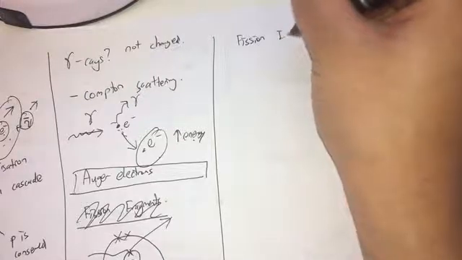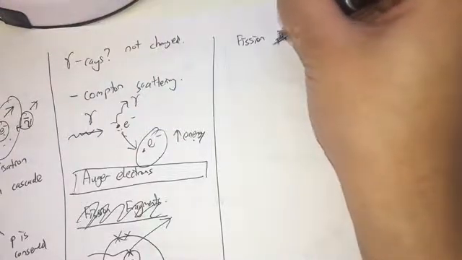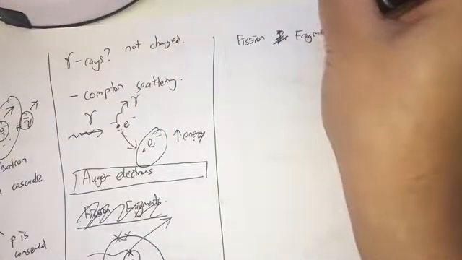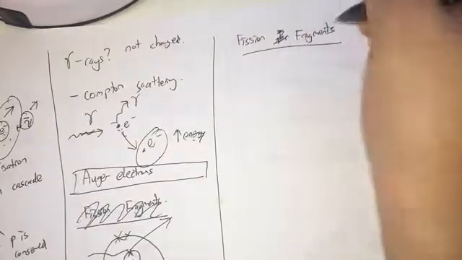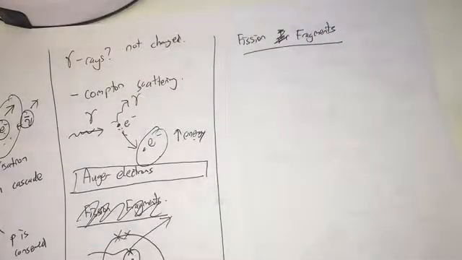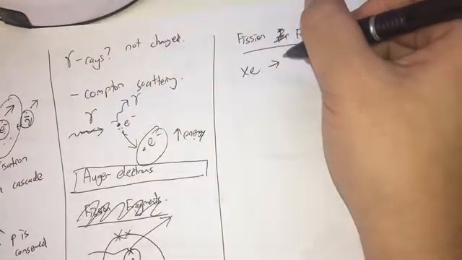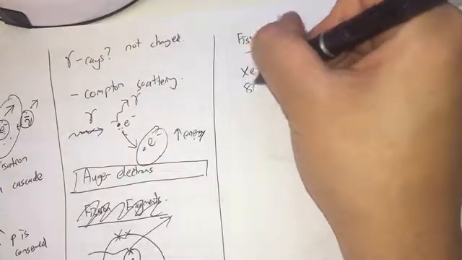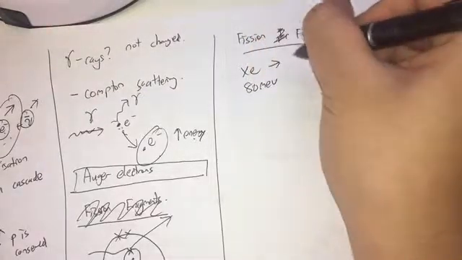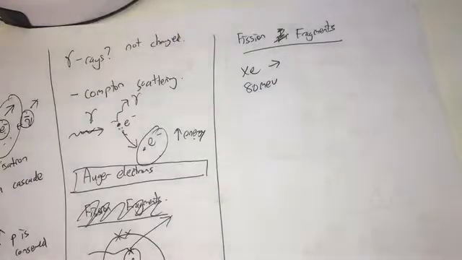Now let's talk about fission fragments. Again, the idea is the same. You have xenon or cesium that comes straight from a nuclear fission reaction. Energy is about 80 MeV. Okay, so it's flying around really quickly.